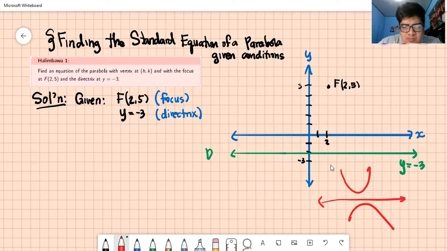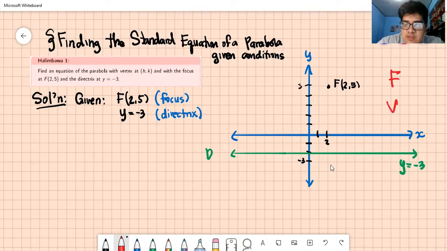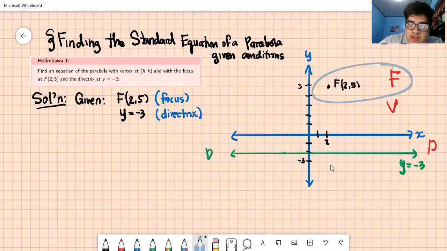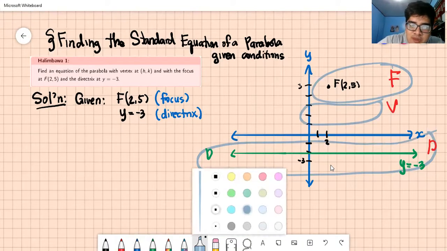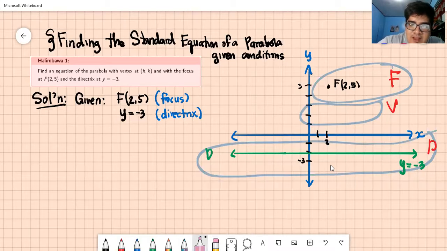And napapansin mo, di ba sabi ko dati, ang pagkakasunod-sunod is F, V, D. Ito yung focus, ito yung directrix. So, ibig sabihin, nandito sa area na to yung vertex. So, what does that mean? The parabola is indeed opening saan? Upward. Diba? Kasi kapag ang focus mo, nasa loob ka ng opening ng parabola.